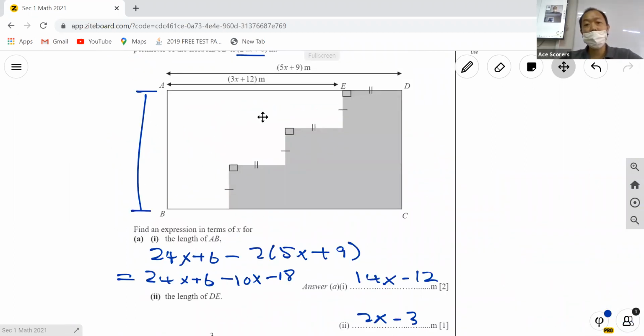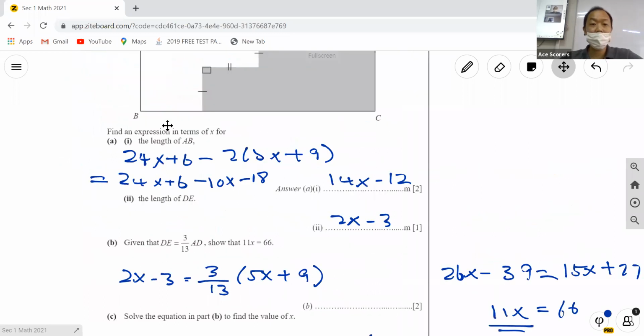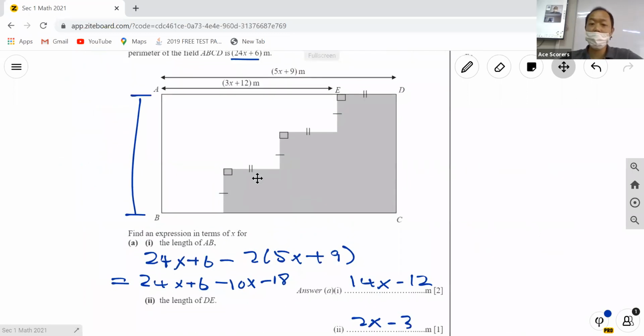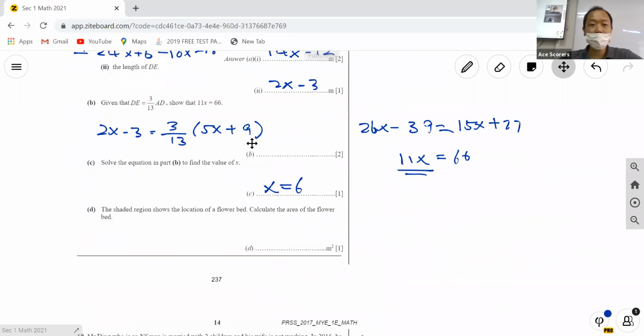I divide AB by 3 because they're the same, and you get the length of each one of them. Then you find the area by substituting x equals 6 into this, and that's it. It's pretty easy. Skipping 19, so moving on.